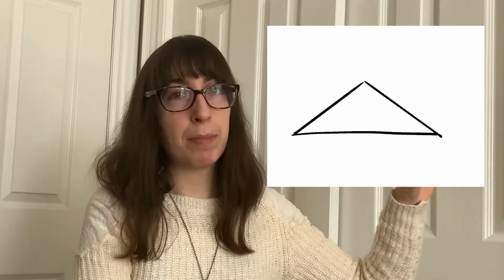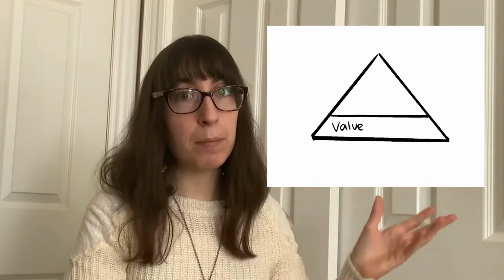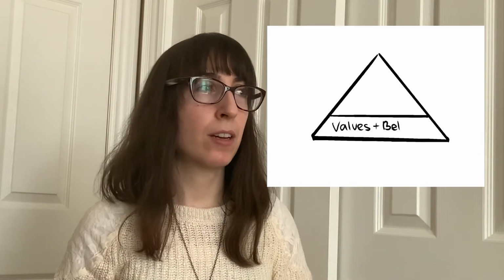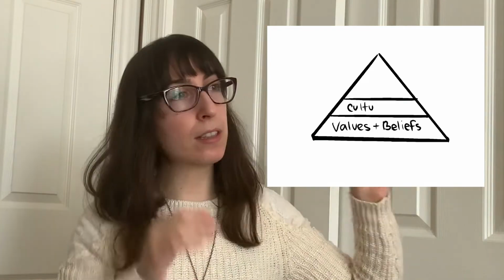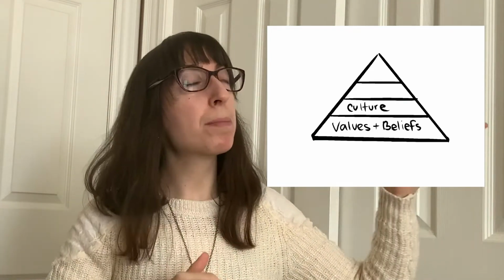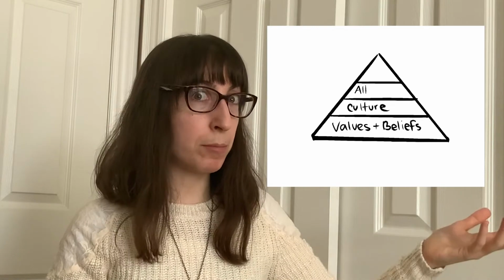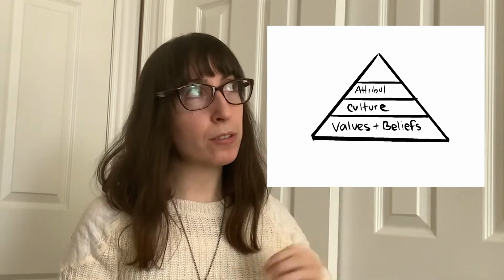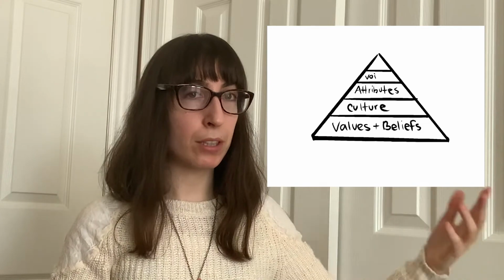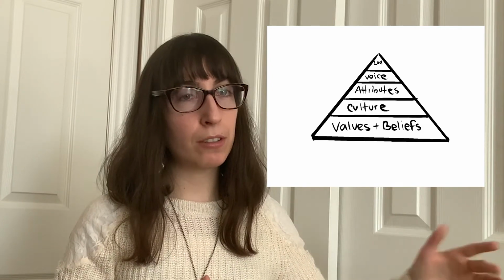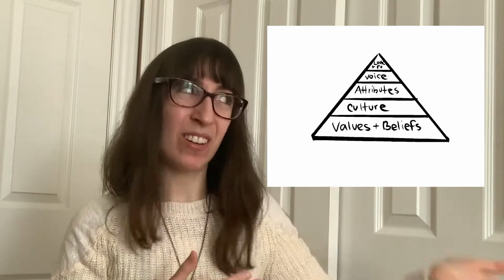We can look at this special triangle here. This is a triangle diagram that I always like to show my people, because sometimes we forget what people see and what people don't see. So obviously the look and feel are what people are going to see, what is visible to them, right? So that's quite obvious. Whereas here at the bottom, culture is something that they cannot see.